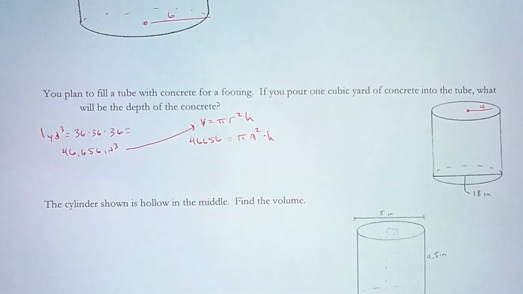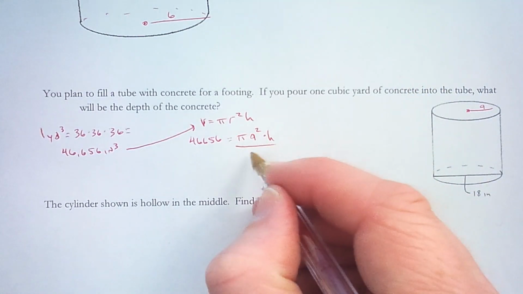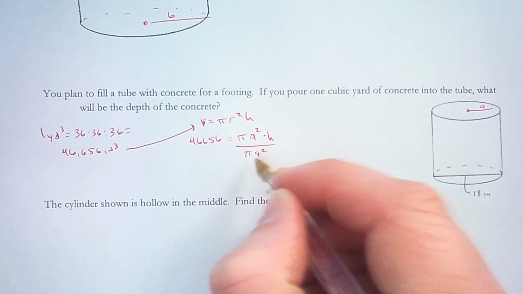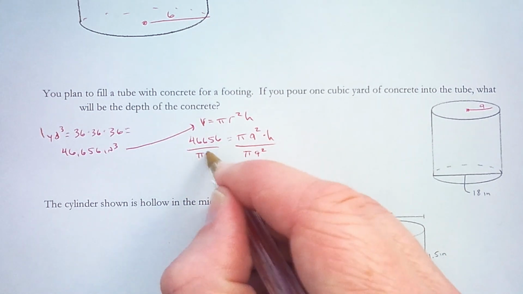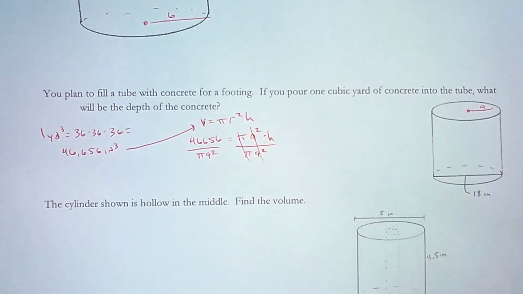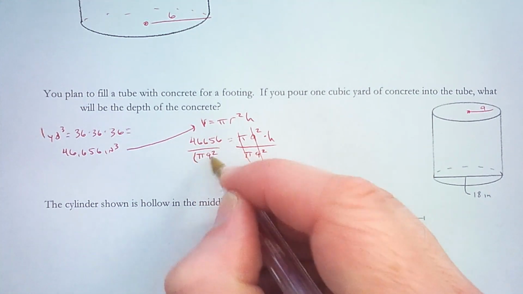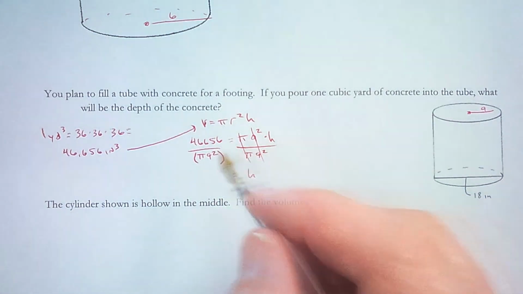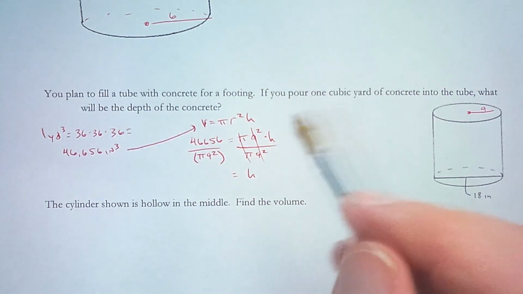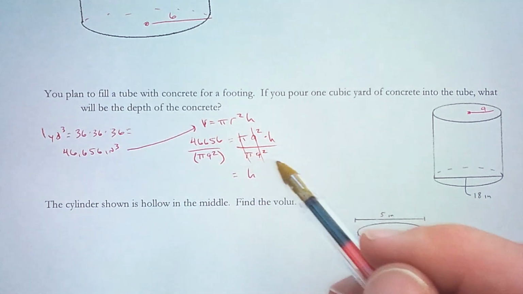What we can do to solve this in one move is divide by pi 9 squared. The pi and the 9 squared cancel, so I'm just left with h. Now in order to do this in one move, I need this denominator in parentheses. Otherwise, I'll divide by pi and then multiply my result by 9 squared.